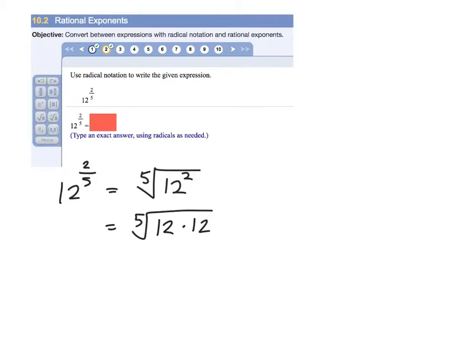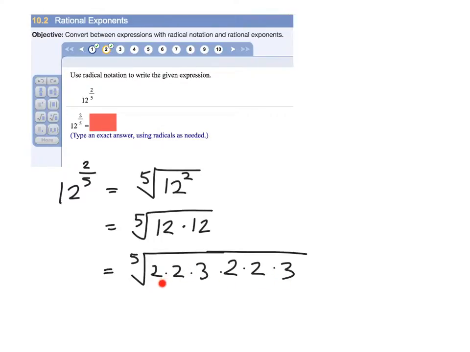Now, I'm going to change both of these 12s into expanded notation. So that becomes the 5th root of 2 times 2 times 3 times 2 times 2 times 3. All right? And the reason I did that is I wanted to see if any factors show up 5 times.